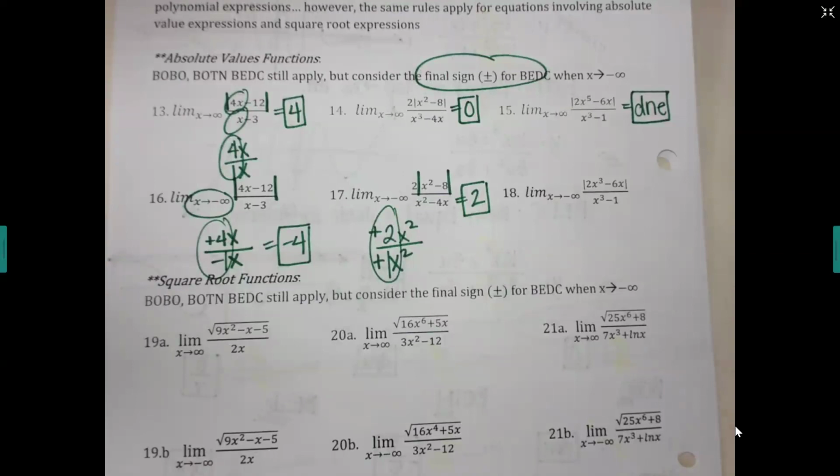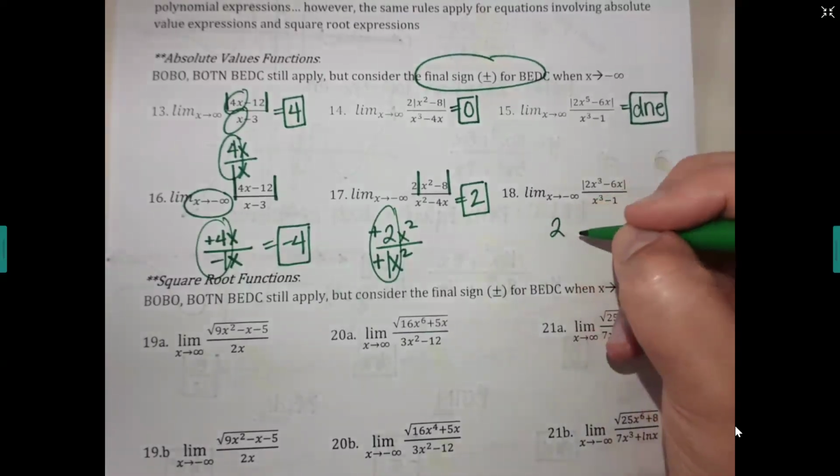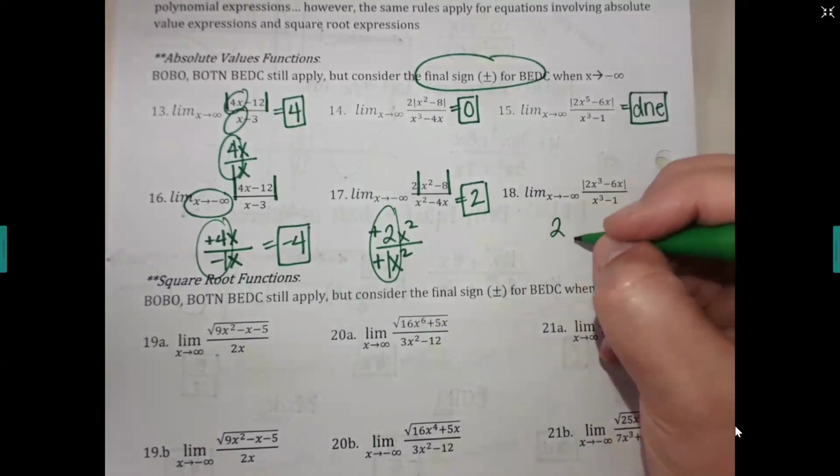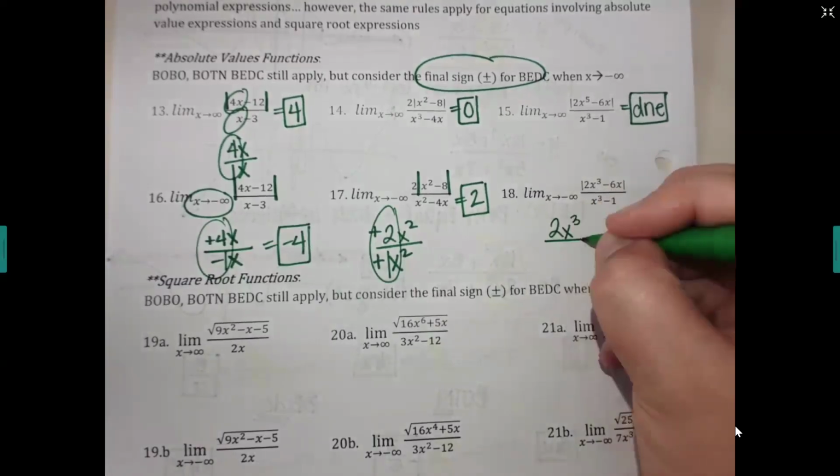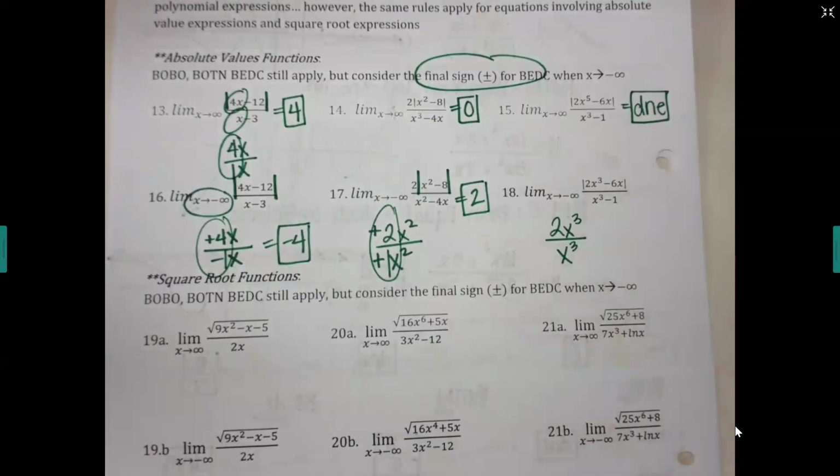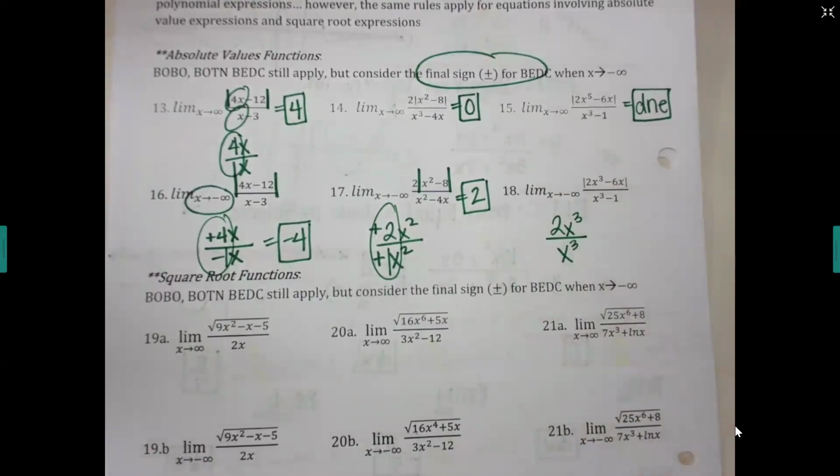Okay, look at 18. Okay, for number 18, we see that it's a Betsy. Okay, it's a 2x3 versus an x3. Okay, but we're plugging in a minus infinity. So on top, the minus infinity is going into what?